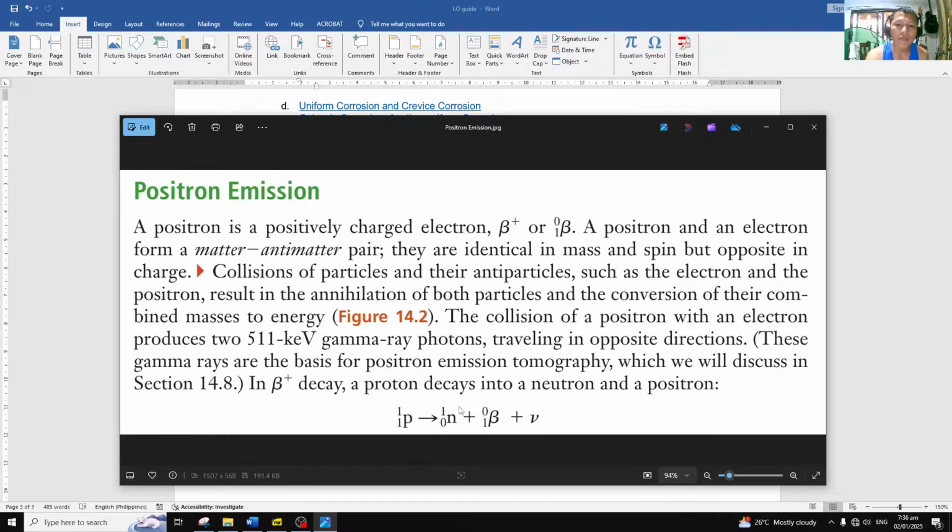So the antimatter of the electron is the positron. That is an electron with a positive charge. I think they do believe that a proton actually consists of a neutron and a positron.